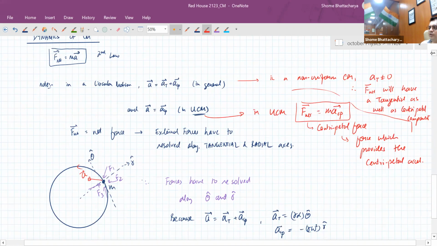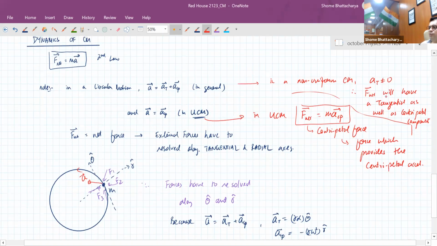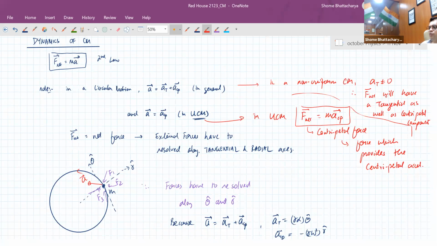It will have one component which is centripetal, it will have one component which is tangential. Okay, so that's why in non-uniform circular motion, I've written down this statement here that the net force will have both a tangential as well as a centripetal component. Whereas when we're talking about uniform circular motion, that is the situation where the acceleration is purely centripetal. So the net force also has to be centripetal. That means it has to be pointing towards the center. It should not have a tangential component.